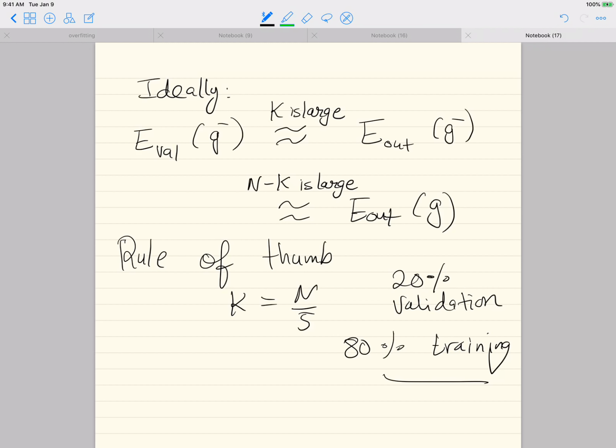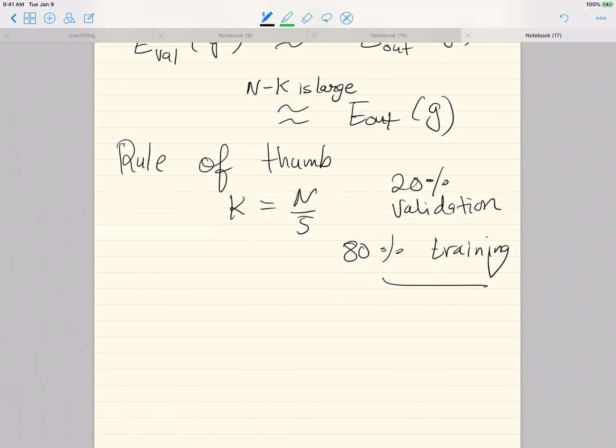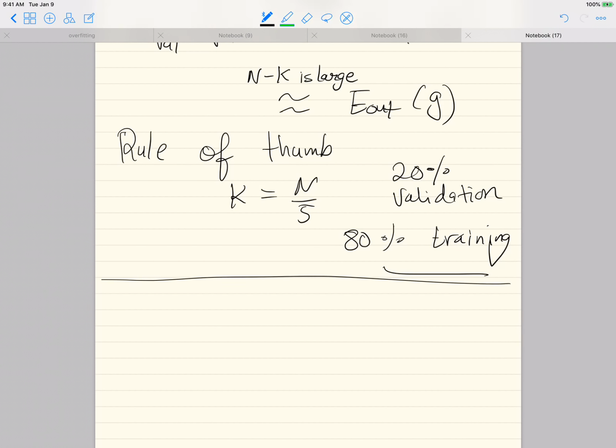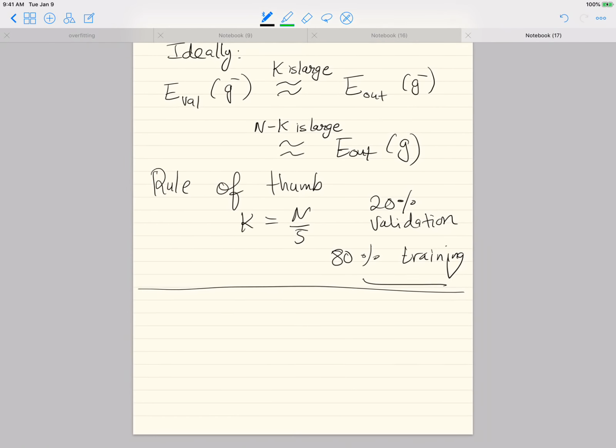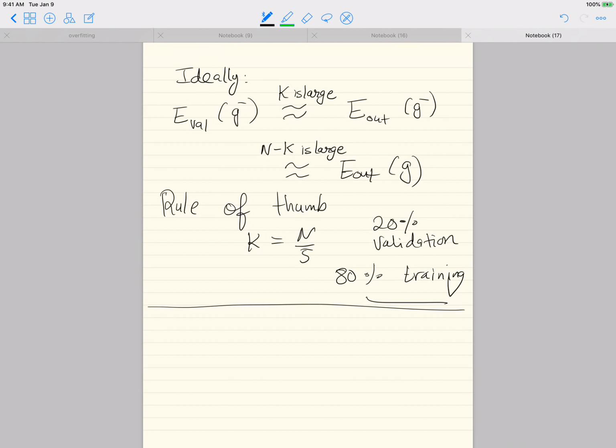Sometimes people do 1/3 and 2/3. There are other ways, depending on the application, but this is a reasonable starting point. Anyone know in assignment 3, what's the validation size? 1/3, 2/3, I think that's right.